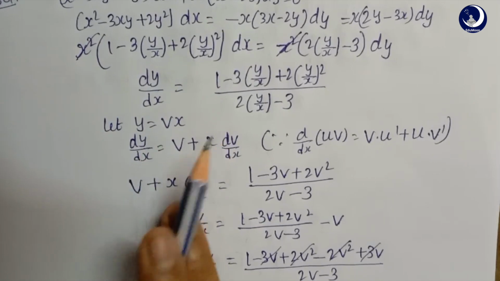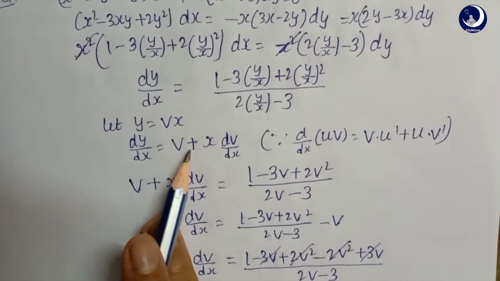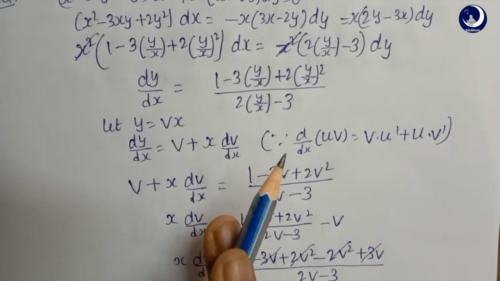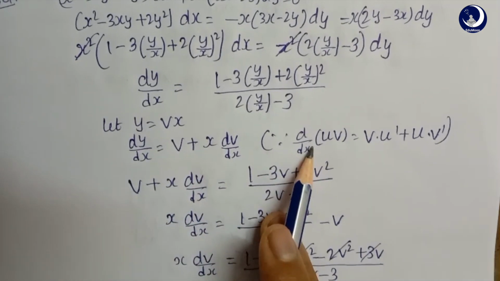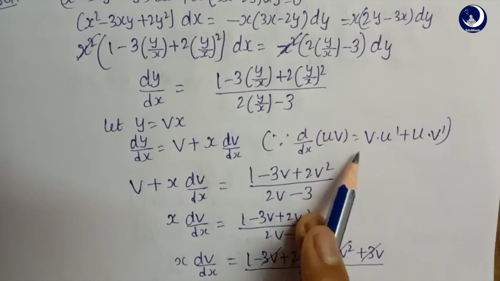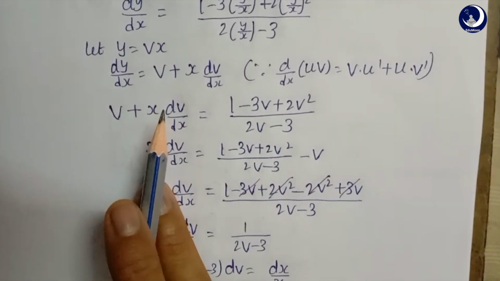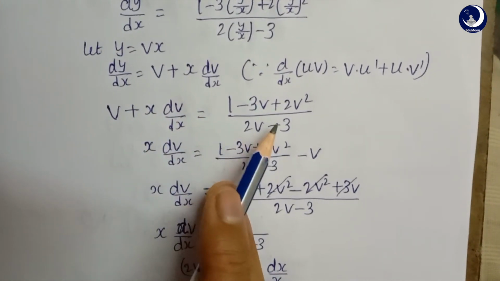If y equal to vx, then dy by dx is differentiated with the product rule. So I got v plus x into dv by dx. We already know it is in the form of uv, so d of uv equal to u into v dash plus v into u dash. Now replace dy by dx with this: v plus x dv by dx equal to this function.